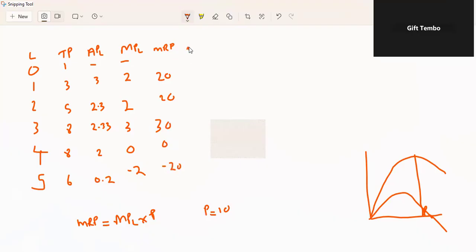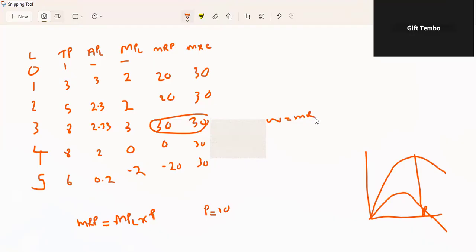Then suppose our marginal cost or wage, I'm told, is 30 throughout, 30 kwacha. So how many laborers must we employ? So we need to employ where the marginal revenue product is equal to their cost. So we're going to employ at this point, how many workers are we going to employ? 3 workers. So wage should be equal to marginal revenue product.